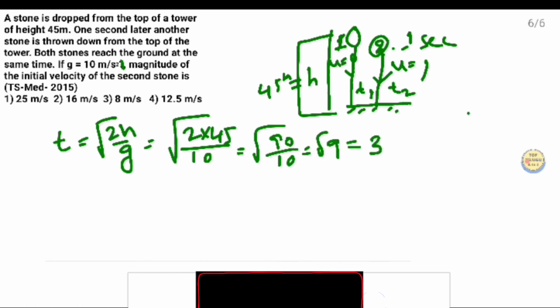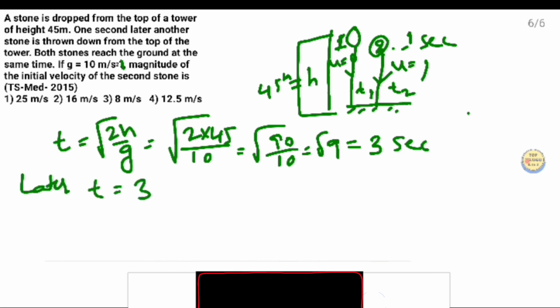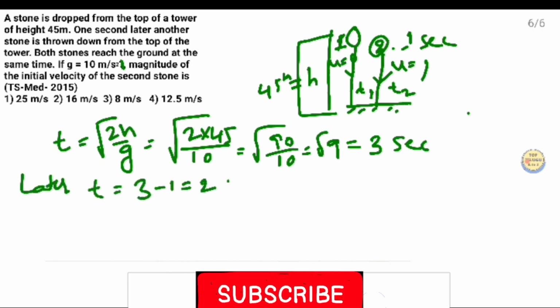So the time is 3 seconds. After 1 second later, the time t is 3 minus 1, equal to 2 seconds.